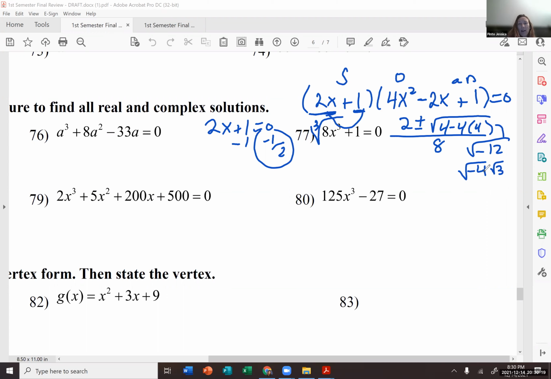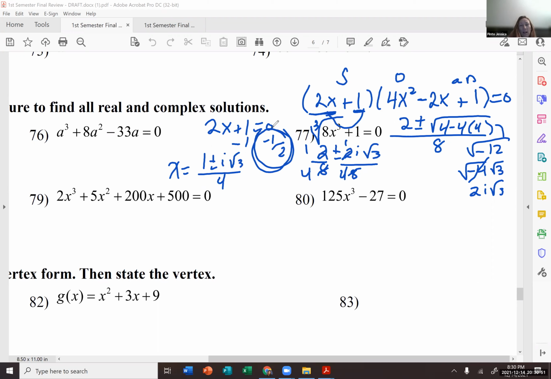When I simplify the radical, that's how I get 2i rad 3. So then seeing that I've got to divide this, I've got 2 plus or minus 2i rad 3 over 8. And then dividing everything by 2, I get 1 and 4 and 1 and 4, giving me my final answer of x is equal to 1 plus or minus i rad 3 over 4 and the -1/2.